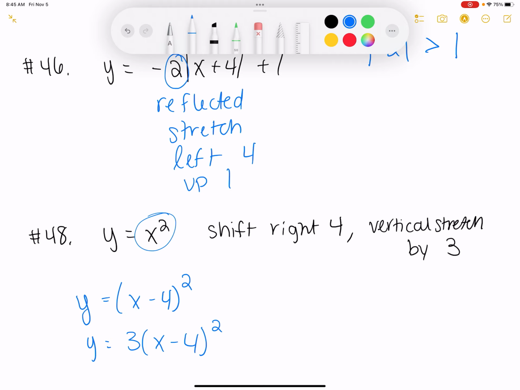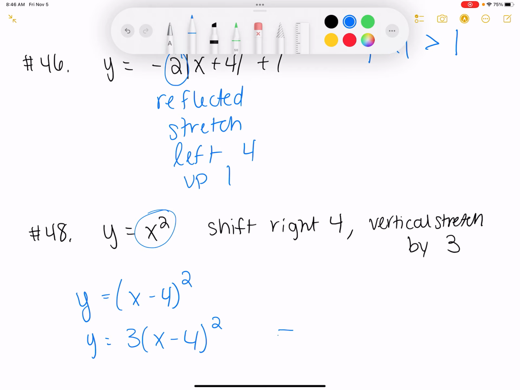With this one, if I were to give this to you on the quiz or the test, because I'm not expecting you to know horizontal or vertical, if you had written it like that, I wouldn't take off points for it, but this is the right answer.